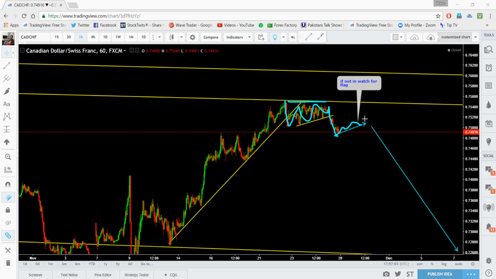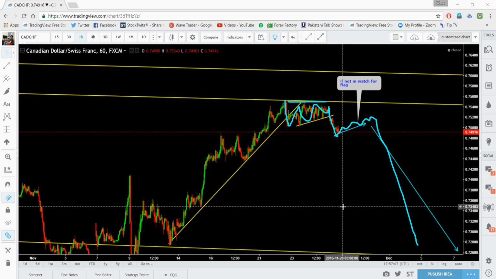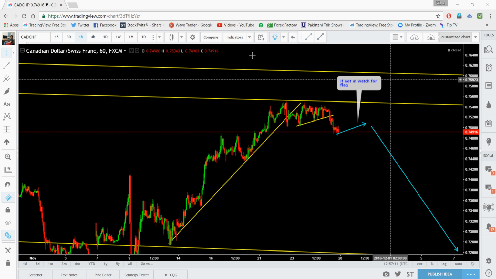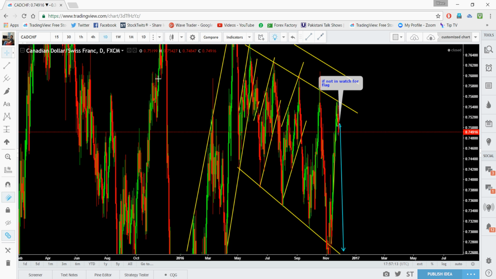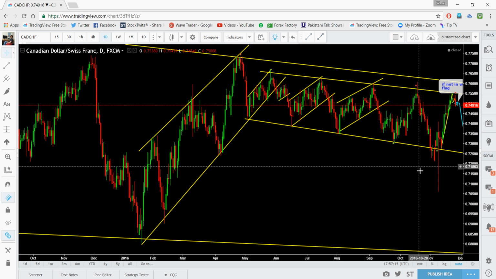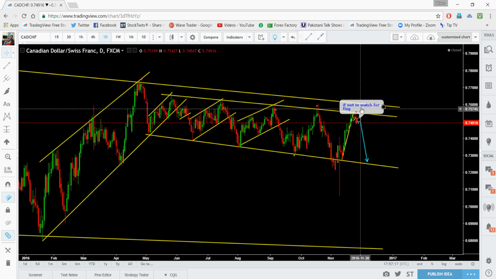So look for the continuation pattern, then look for the downside if you are not in, and place your stop loss just outside the structure, not within the structure. So this pair is just playing amazingly. We sold here, bought here, sold here, bought here, sold here.